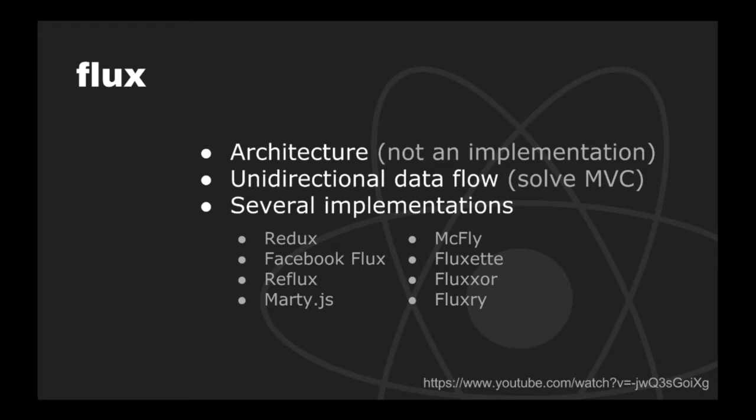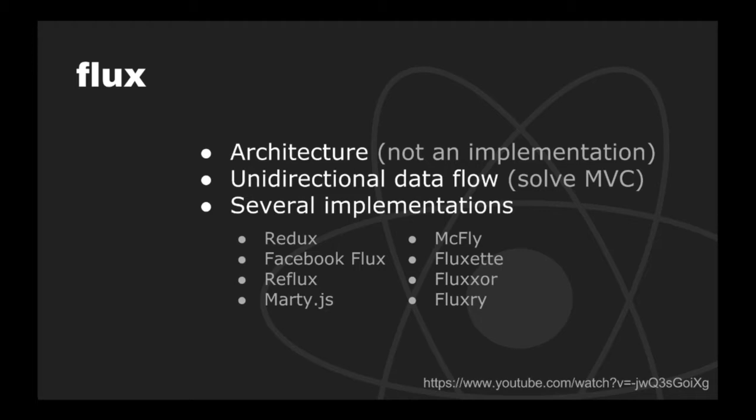It provides the unidirectional data flow, so it solves the MVC problem that we talked about in the first lecture, where maybe we have a model that is connected to a view, it is notifying the view to be re-rendered, and then the view is modifying the model, and the model might modify other models, and that kind of stuff makes an application state completely untraceable and generates a lot of bugs. So the unidirectional data flow inside Flux is solving that problem, which is awesome.